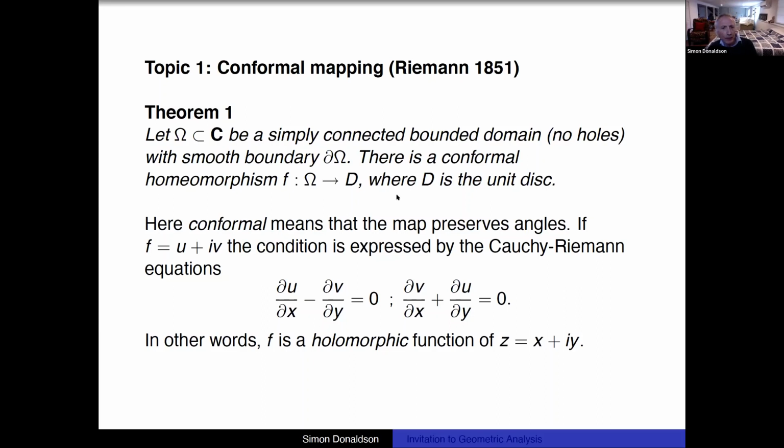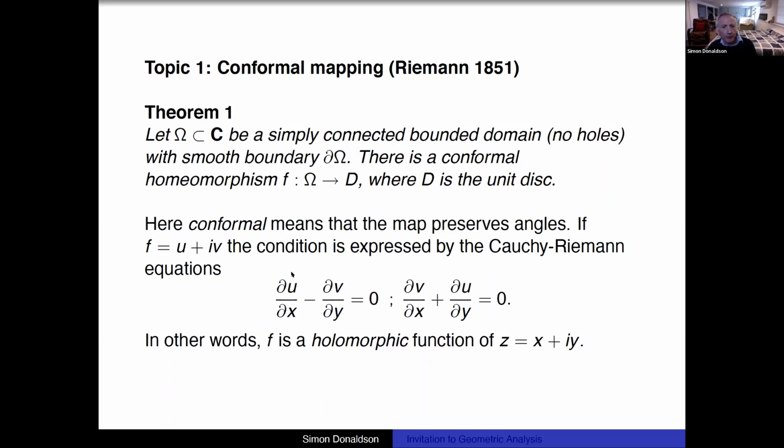So conformal here means that the map preserves the angles between curves meeting at a point, and also the signed angles. So we're preserving the orientation in this discussion. I'm sure many of you are quite familiar with this. If we write our function in terms of its real and imaginary parts, u and v, then this conformal condition is expressed by the Cauchy-Riemann equations, written down here, first order linear partial differential equations for u and v.